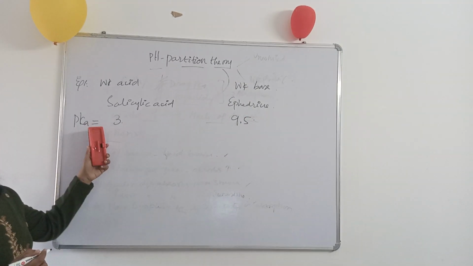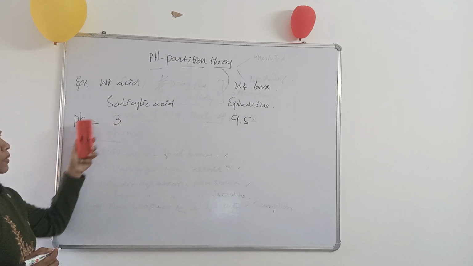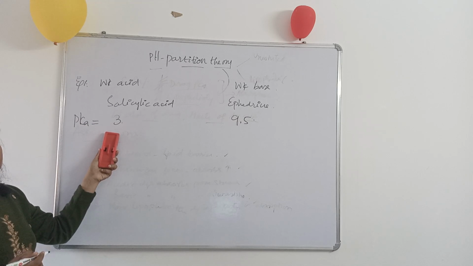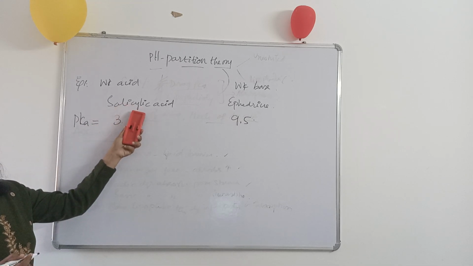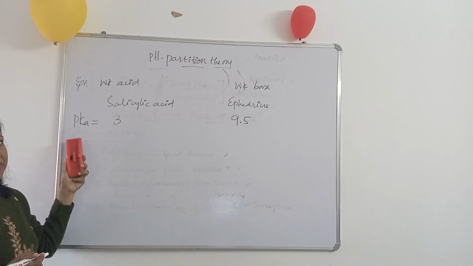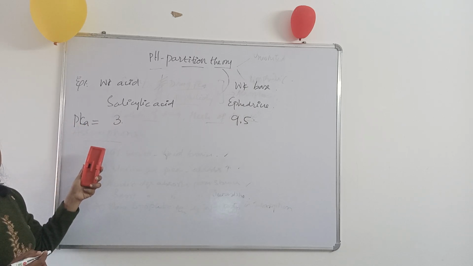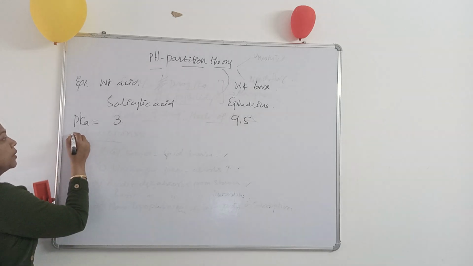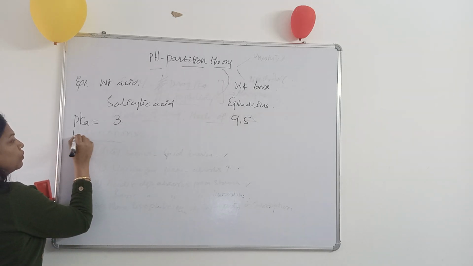What does it mean? For a weakly acidic drug, for example salicylic acid, whose pKa is around 3, that means ionization of salicylic acid takes place at pH 3. And before 3, that is in pH 1 and 2, it will be in its unionized state. So the absorption should be maximum between pH 1 to 3.